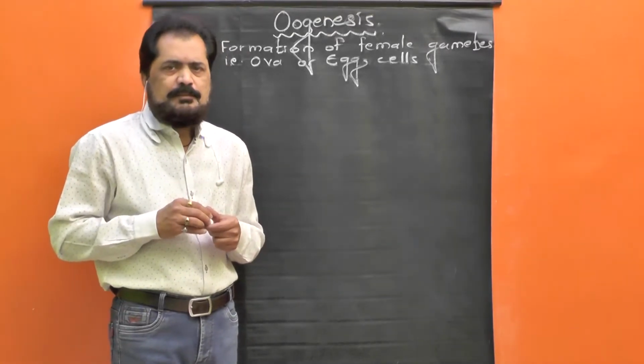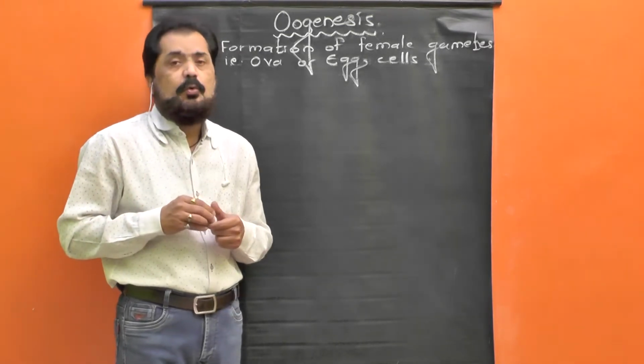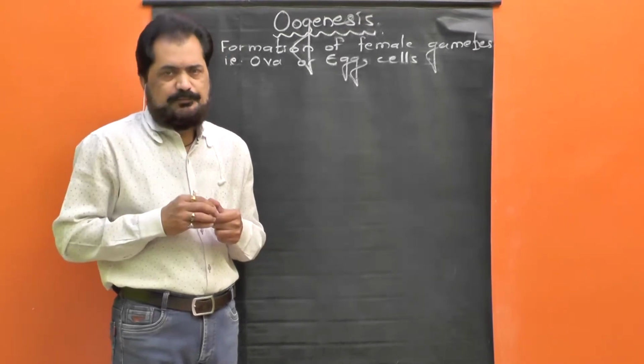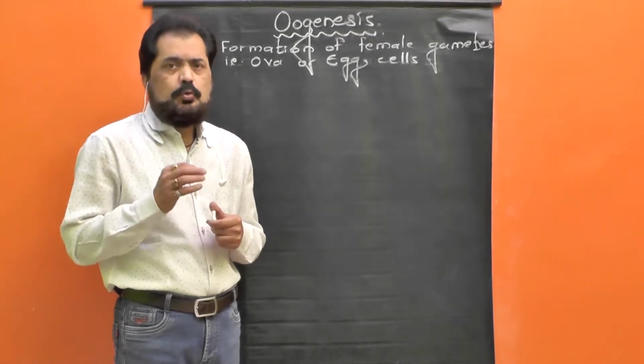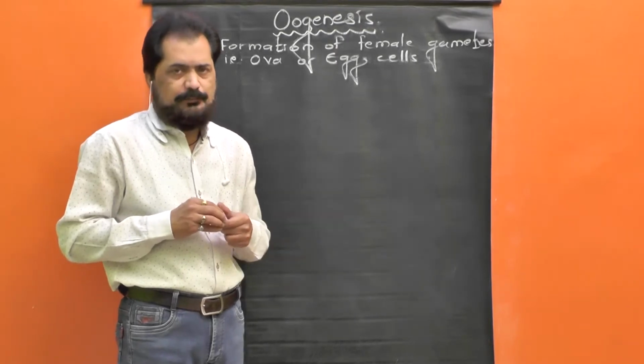Why is this so? Because while discussing the histological structure of the ovary, I have taught you that in each ovary during oogenesis about 2 million primordial follicles are formed.